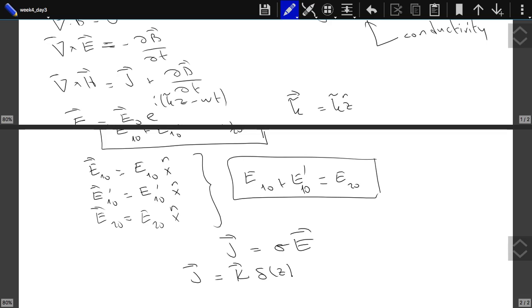But you see, this tells me that J is infinite on the surface. If J is infinite on the surface, that tells me that the electric field is infinite on the surface. Well, that just cannot be.